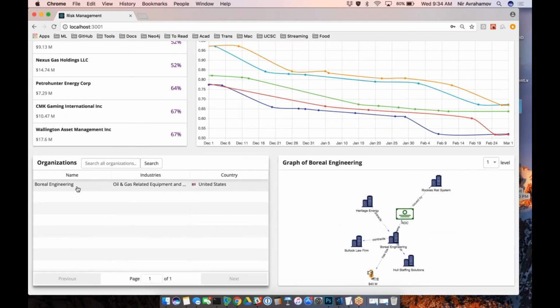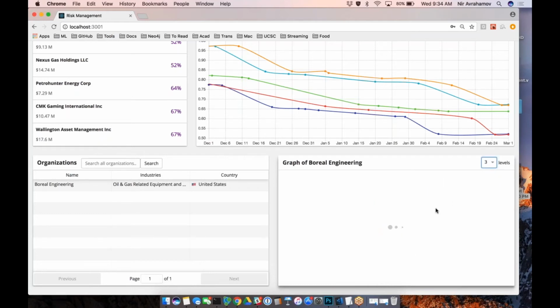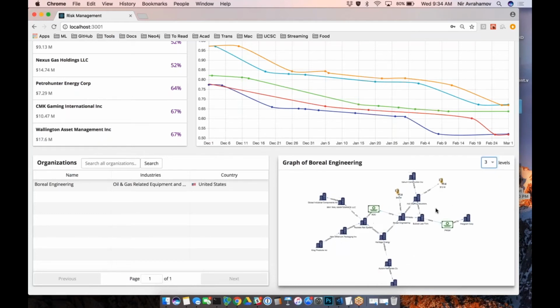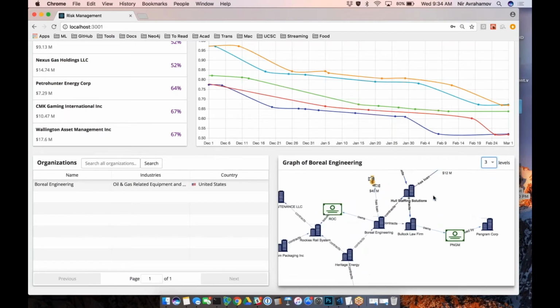And then you have a graph that we can center on any given company that we search on, and we can move the graph around. We can look at different relationships. We can look at different levels. So as Nir started with 2-level relationships, he has moved to 3 levels.